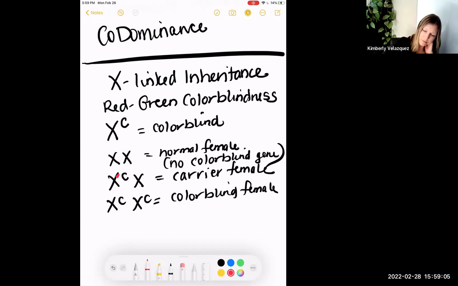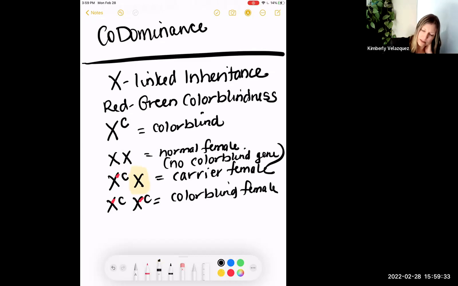And I'm just going to draw a bad gene on that one, bad gene on that one. If you have one good working copy of the gene, you're making enough normal protein to not have the disorder. You're a carrier female. So in this carrier example, this normal X is making enough normal protein that this individual does not have the disease.